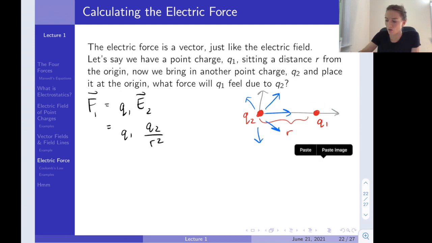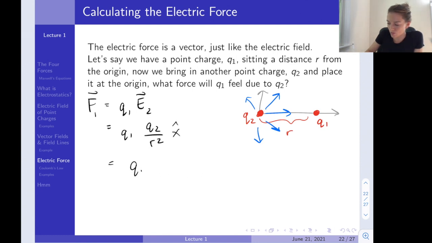That's a distance R away, and then squared. And then the direction of that is in the positive x hat direction, right? The electric field of this charge points in the positive x hat direction over here. So this is positive x hat. So we have Q1, Q2, R squared. Oops, I forgot my 1 over 4 pi.